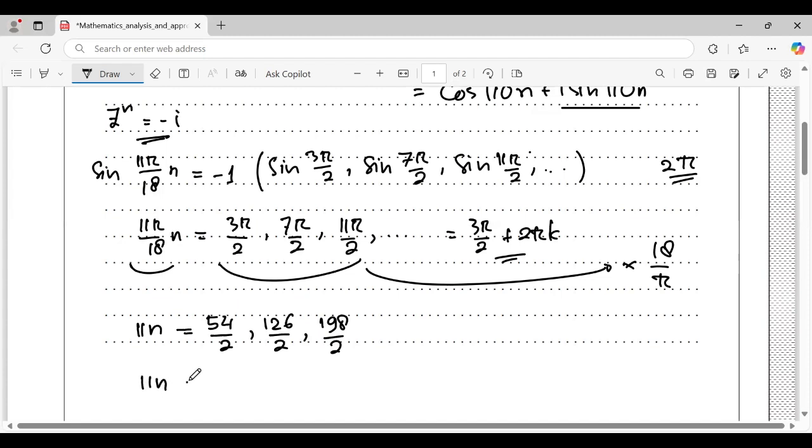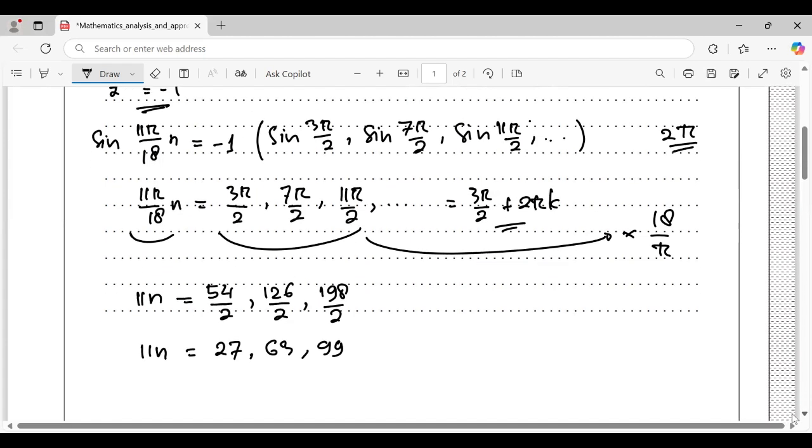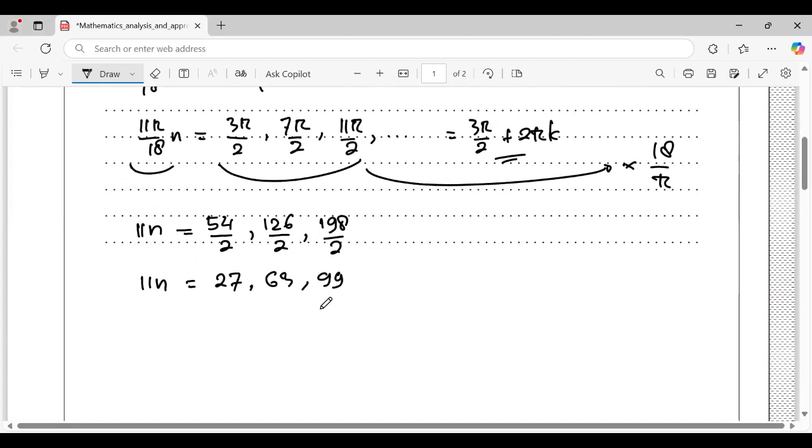So 11n equals 27, 63, 99. It means n, in this statement, the smallest n is equal to 9.